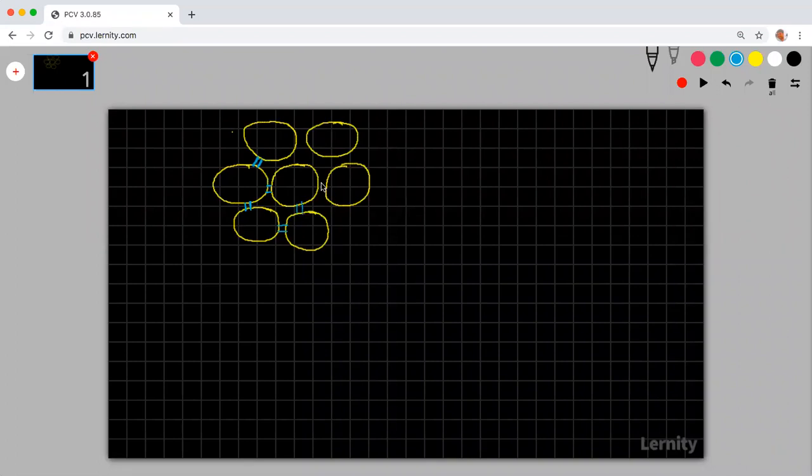So like this, you are connecting different cells with the help of a plasmodesmata. Let us say that this is a plasmodesmata.